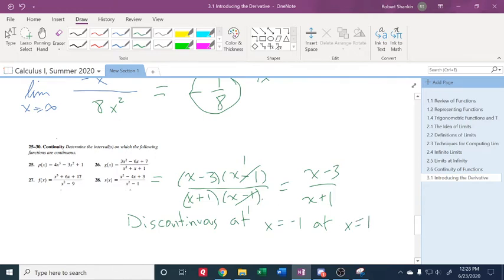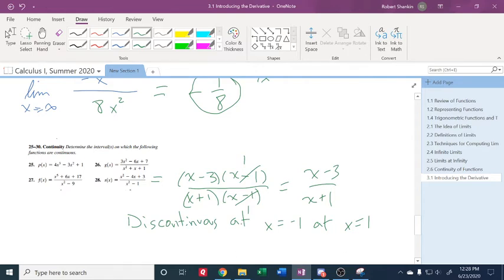Now, there's a discontinuity there because that would cause both the numerator and denominator to be 0. 0 divided by 0 is not allowed. It's not a vertical asymptote though. It's just what's called a hole discontinuity. When it cancels out top and bottom, there's just a little hole that it leaves in the graph. But it's still a place where you have to lift your pencil to keep drawing it. So it's a discontinuity there and there.